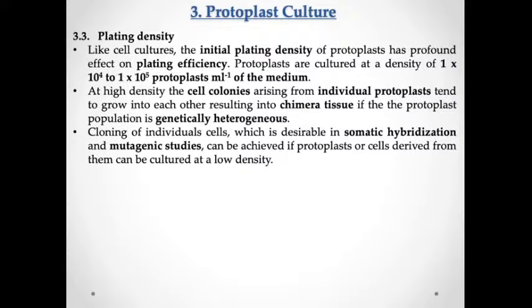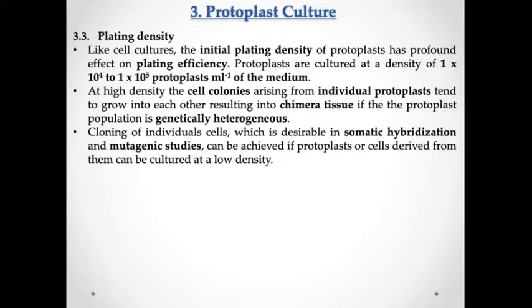Then come the plating densities. Like cell culture, the initial plating density of protoplasts has a profound effect on plating efficiency. Protoplasts are cultured at a density of 1 x 10^4 to 1 x 10^5 protoplasts per milliliter of the medium.